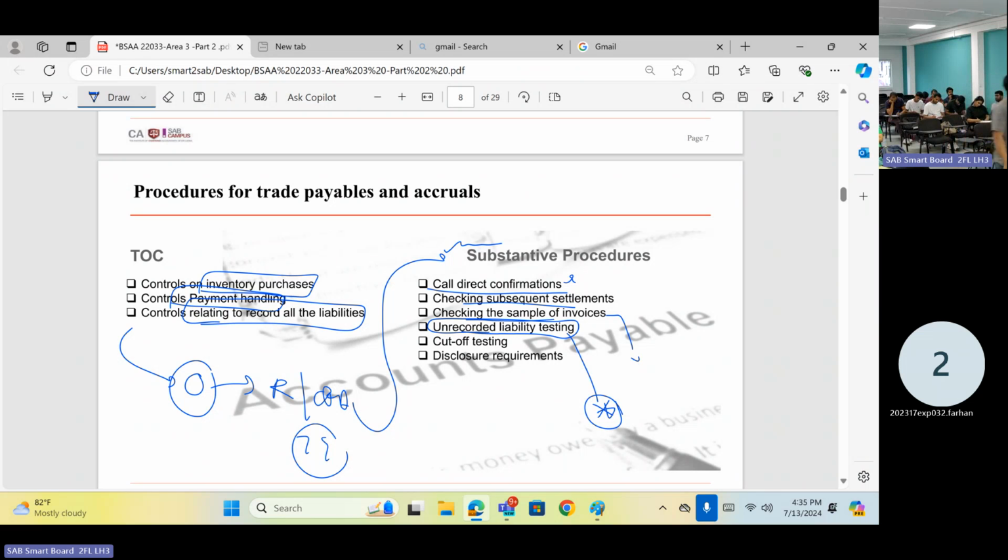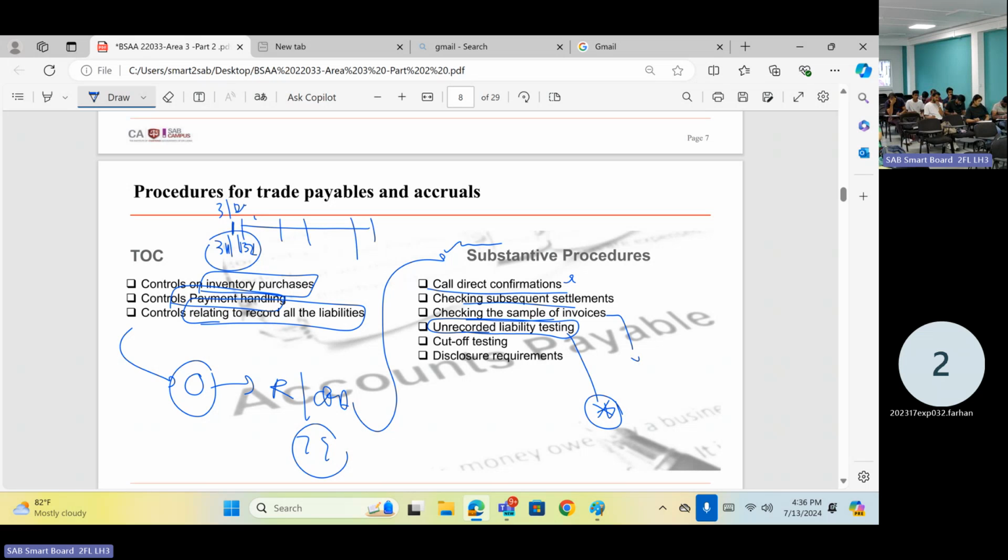you have to get all the cash payments after the year-end date. After the year-end date, 31st December, for the subsequent period, you are ending the financial year in December.